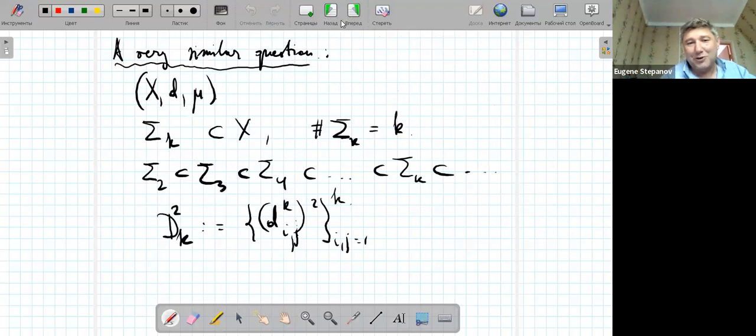Is it possible, knowing the eigenvalues and eigenfunctions of the limit operator, to reconstruct a metric and a measure? I'm only able to prove this when I know the class of equivalent measures.